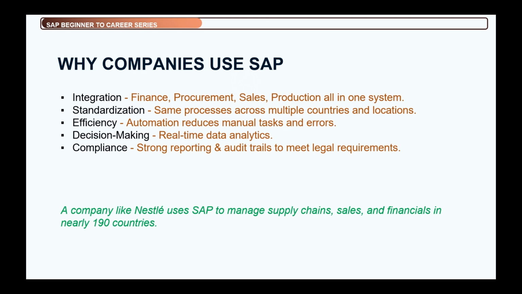Let me explain this to you. As I mentioned, there are multiple functions within an organization. There is a finance department, procurement department, sales, production. Likewise, there are multiple departments within an organization, and each department has their own set of tasks to do.